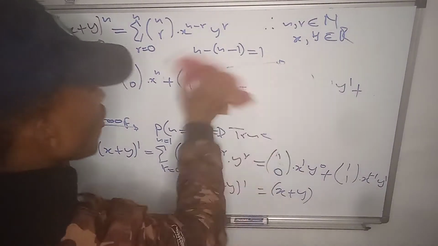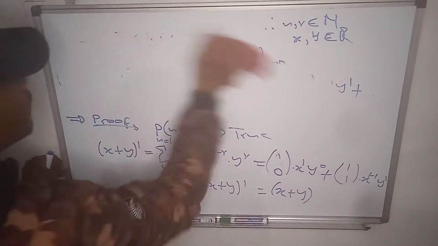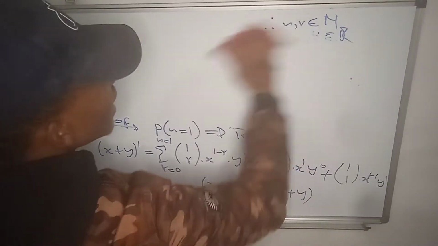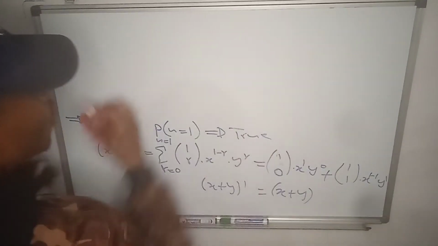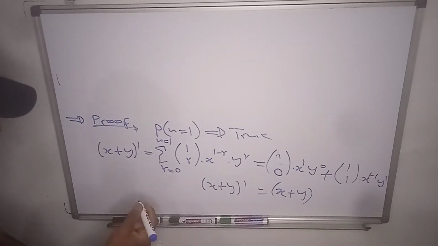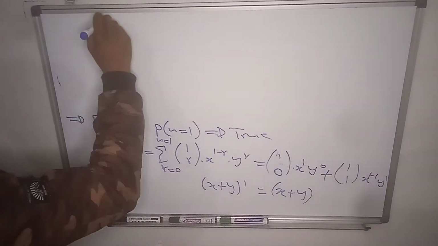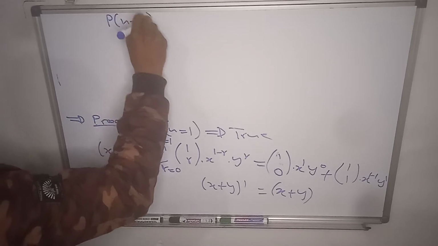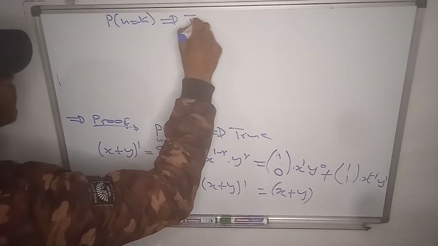So when our assumption is true like this, we must formulate our own mathematical hypothesis, which we will call an inductive hypothesis. So we will assume that P(n) for n = k is also true.